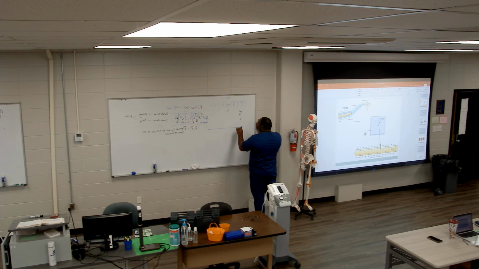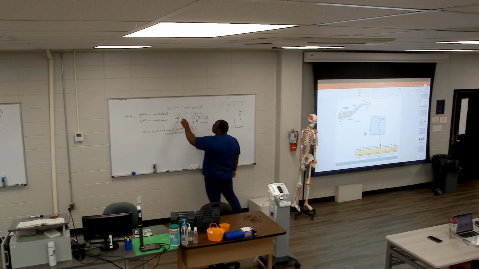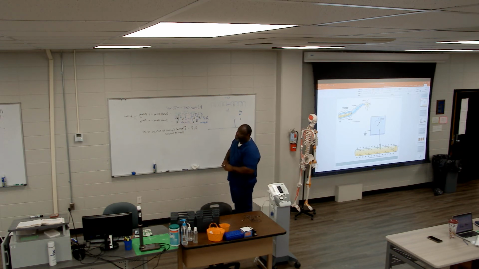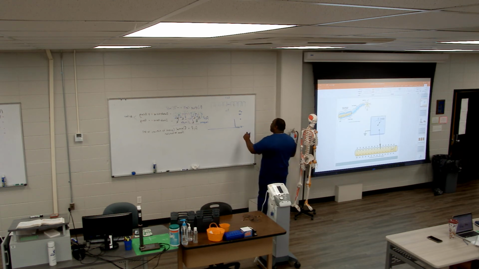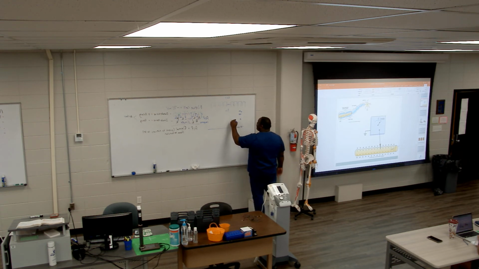So at rest, I'm just hanging here at minus 70. Now I get an action potential that hits, and I start to kick sodium into the cell and potassium out of the cell. It starts to raise the level of my membrane potential, or the voltage that I'm able to measure inside of the cell, from a negative to a positive.